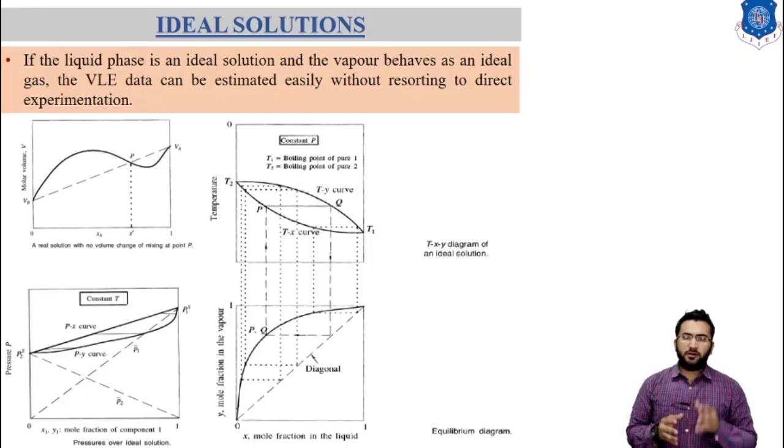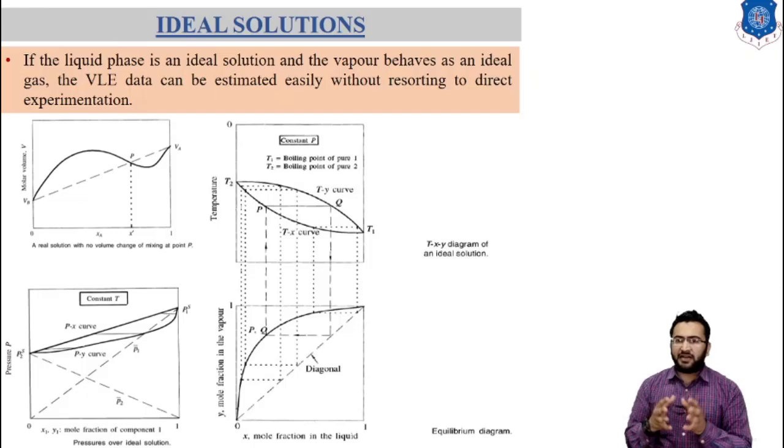A solution behaving as an ideal solution has certain characteristics. The components in an ideal solution are chemically similar. The average intermolecular force of attraction and repulsion in the pure state of a component and in solution are both of approximately the same order of magnitude. So we can say that the components form an ideal solution.